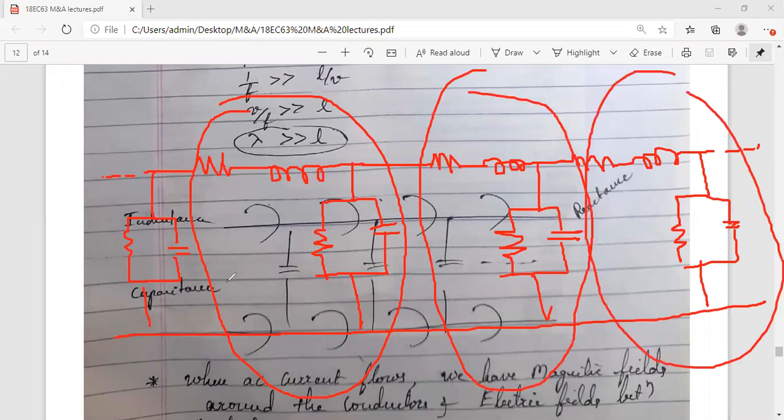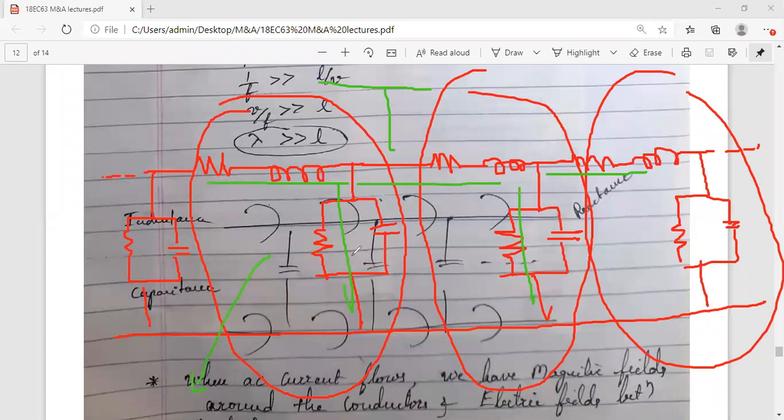This one particular part, you can see how it looks. It is looking like a T shape. So it is a symmetrical T network. The smaller circuit per unit length which I am considering is a symmetrical T network.